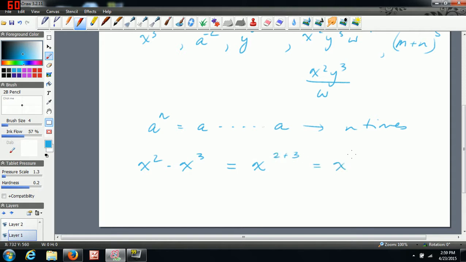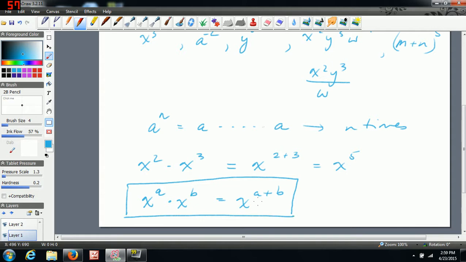So this becomes x to the 5. A general rule that we can write is x to the a times x to the b is equal to x to the a plus b. That's a general rule in algebra that you want to remember: when you're multiplying two things with the same base, you just add the exponents.